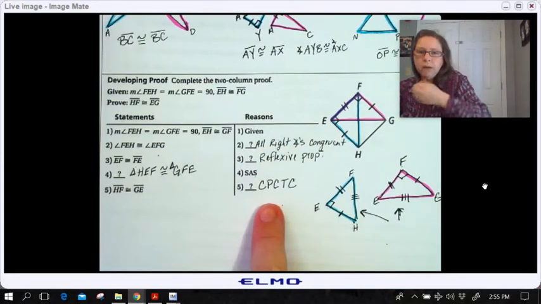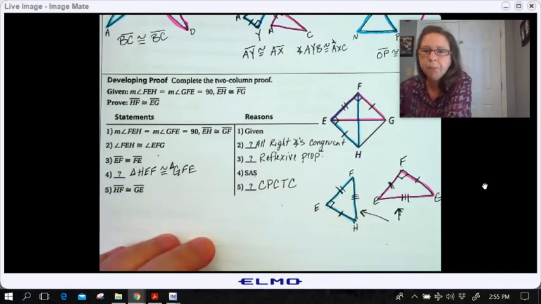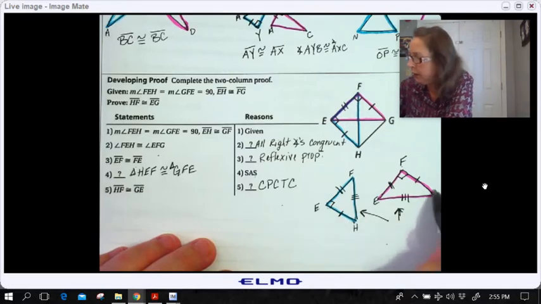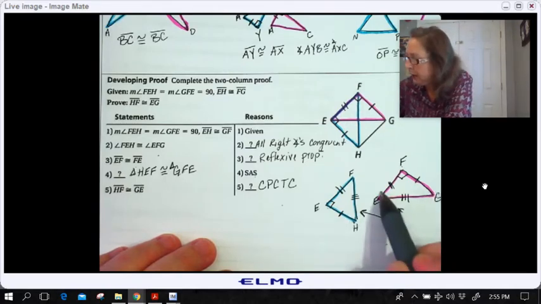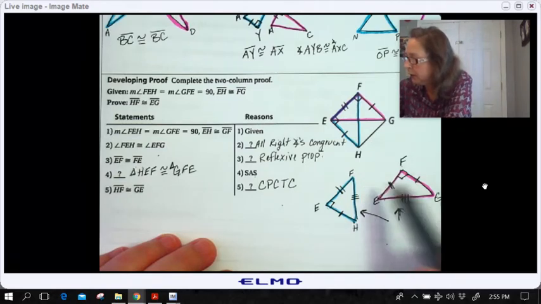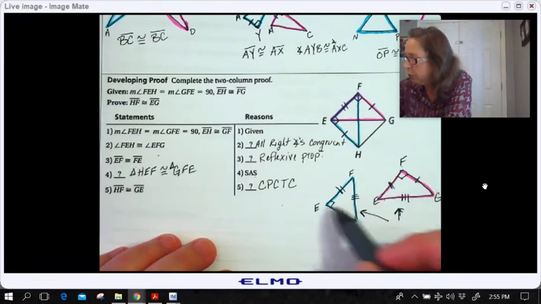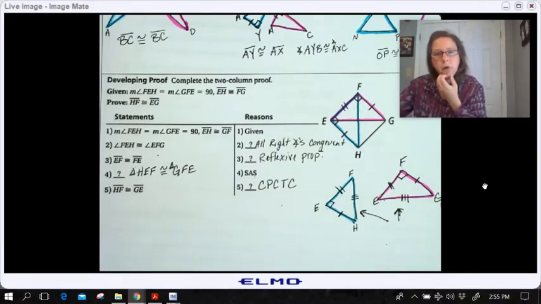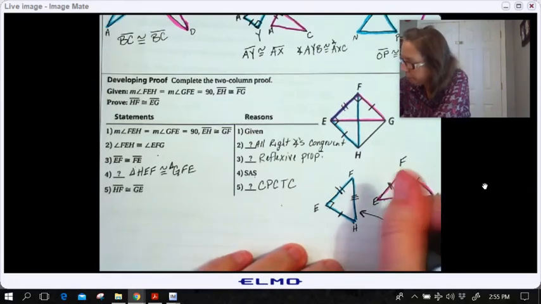That would be the reason that I could say angle H is congruent to angle G, angle FEG is congruent to angle EFH. I could say any of those other things are congruent to each other based on corresponding parts, okay?